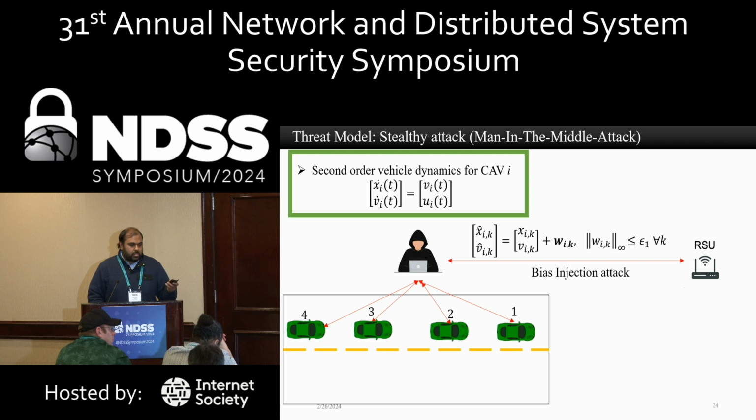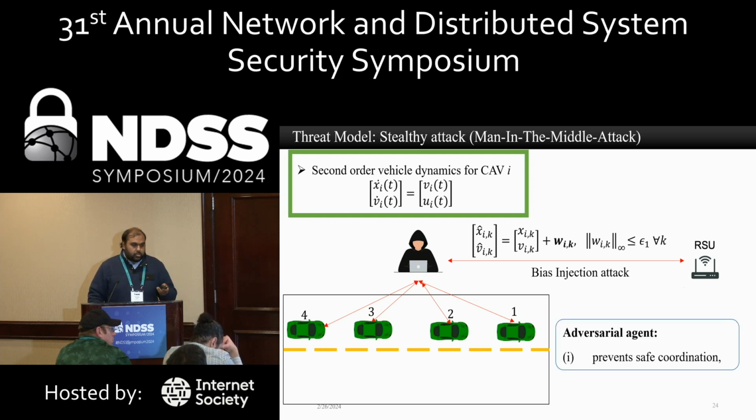Then we also considered another type of attack, because we are using communication between vehicles. What happens if there is some uncertainty, but this uncertainty is controlled, in the information that is exchanged between the vehicles? Can we create issues by using these types of attacks? Again, the objective is, can we violate safety?